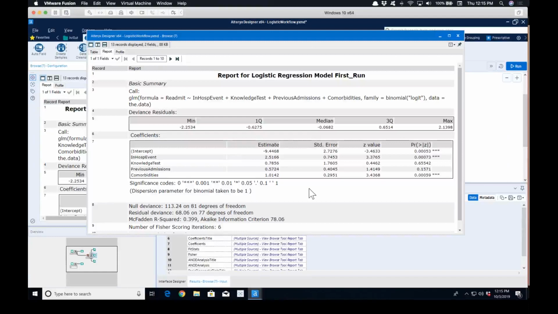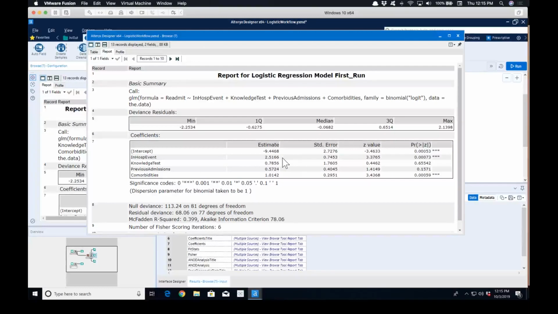All right, so now we look at these estimates. It looks like we have two estimates that are statistically significant, whether or not someone had an in-hospital event and their comorbidities. Those are two statistically significant predictors. And the way to think about this is, because this is positive, 0.251 for the in-hospital event, then we're saying that people who do have an in-hospital event have 2.5166 more predicted Logits, or a higher predicted Logit, than does someone who does not have an in-hospital event.